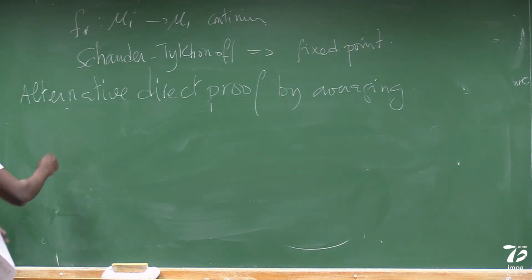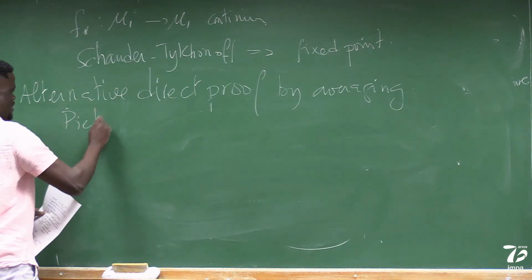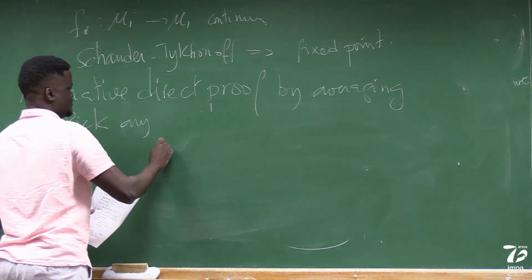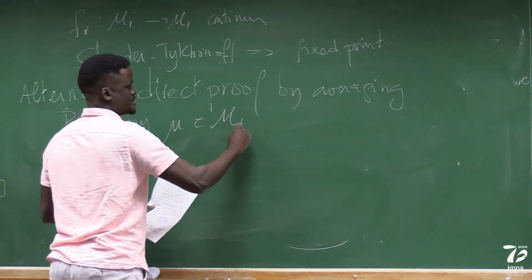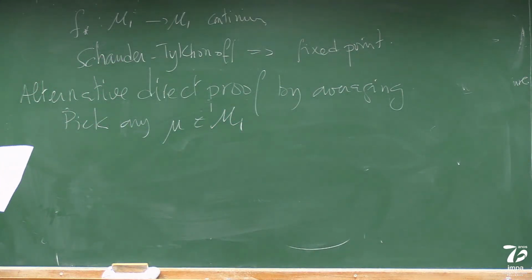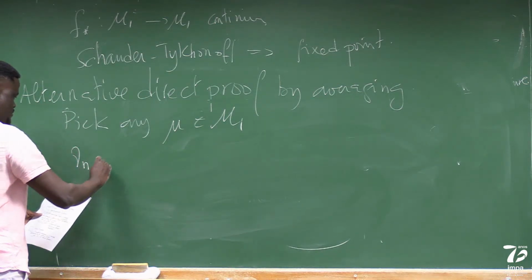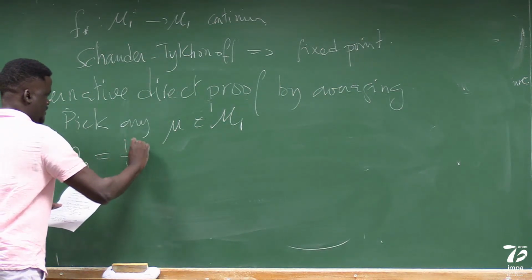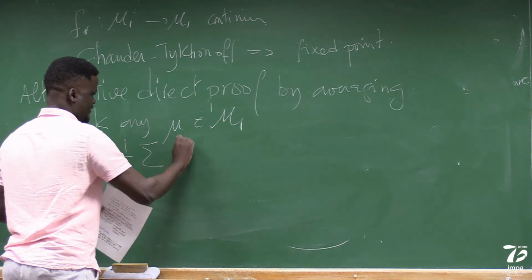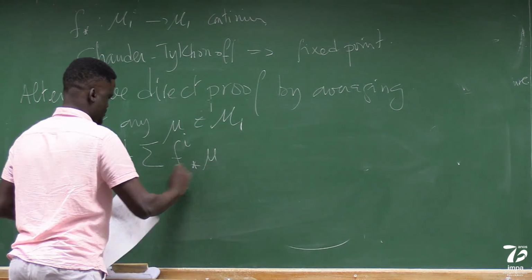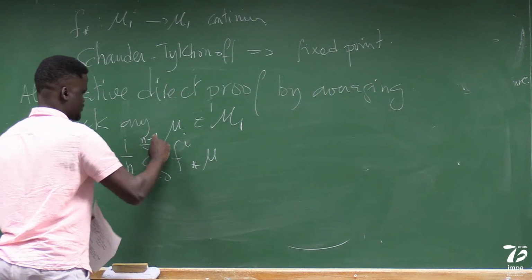So you just start by picking any mu in the space of probability measures, and then you define nu n, which is 1 over n times the sum of f^i star mu, for i equals 0 to n minus 1.